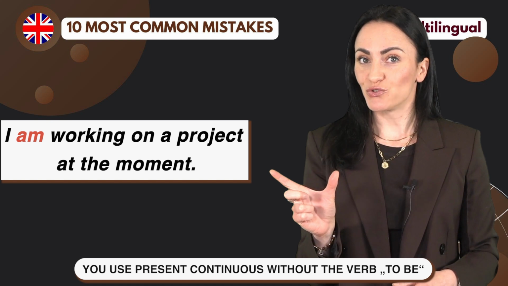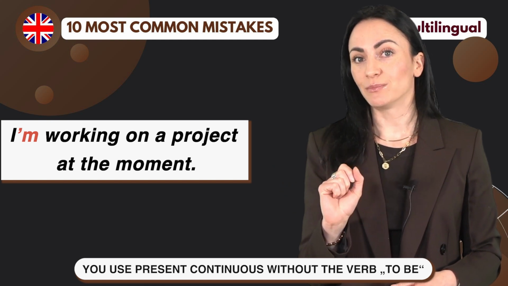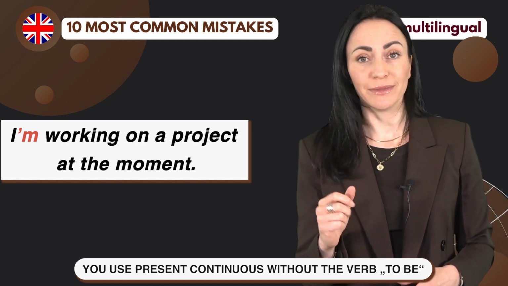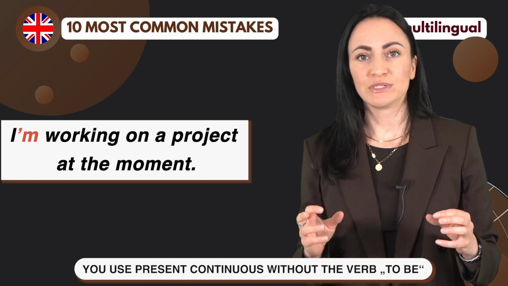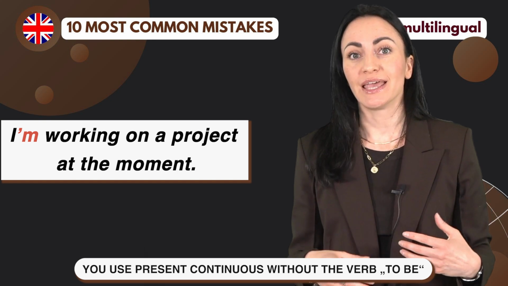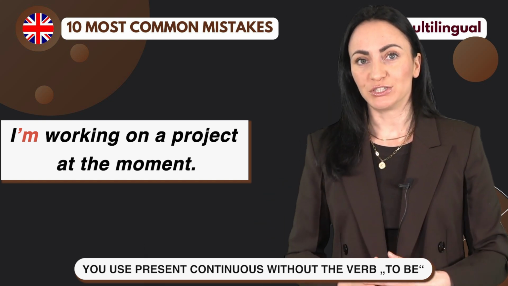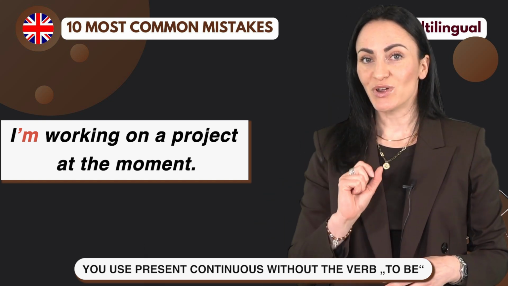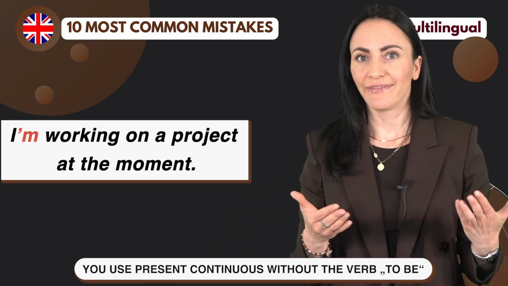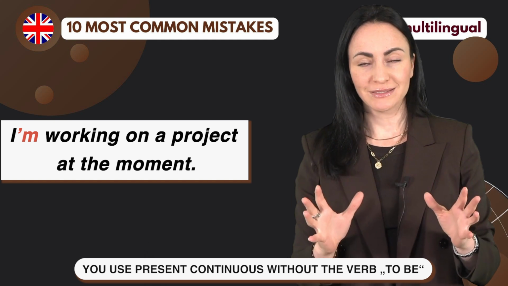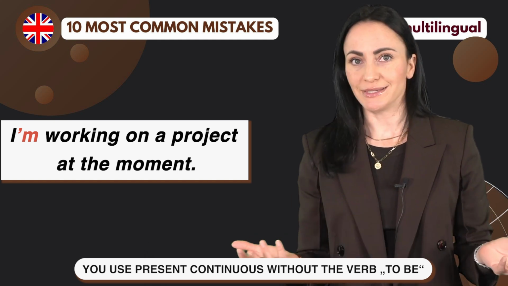If you want to contract it, you say, I'm working on a project at the moment. And usually we do not stress am. We don't say I am. No, we say I'm working on a project at the moment. It is contracted, it's not stressed, but still it is there. And if you miss it, if you skip it, that is incorrect.